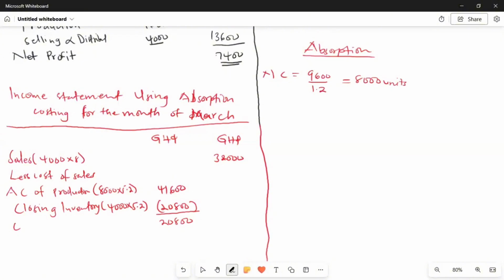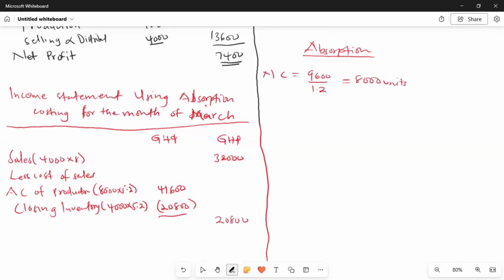So when you get to the cost of sales, you check whether there is under absorption or over absorption. We are supposed to produce 8,000 units, and in the month of March, we produced exactly 8,000 units. So it means there is no under or over absorption.